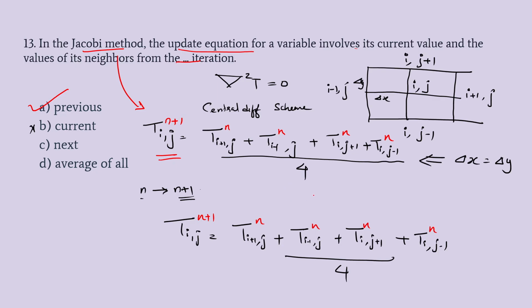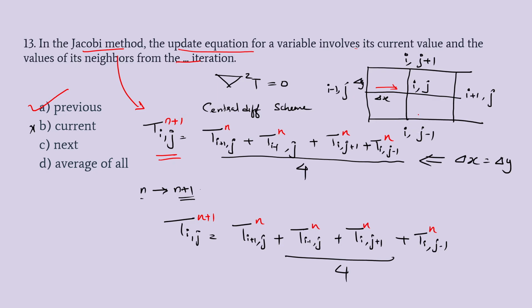If some values, that is the direction in which we have already swept, are taken from the current step, that is, if we are at i j, we have already moved from i minus 1. So we have already calculated this i minus 1 j value in the current iteration.